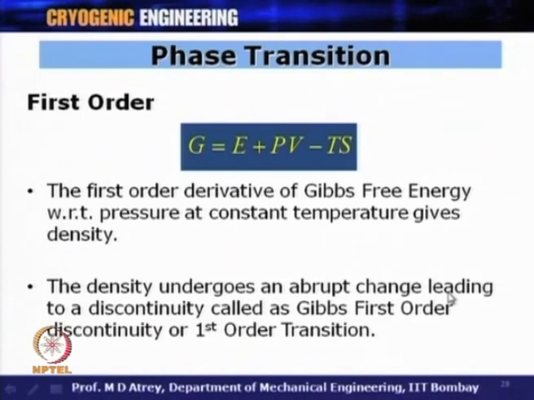That means, if I look at the density on the right side and the left side, I will get a big discontinuity at the temperature where this transformation happens. The density undergoes an abrupt change leading to a discontinuity, and this transformation is called a first order transition.